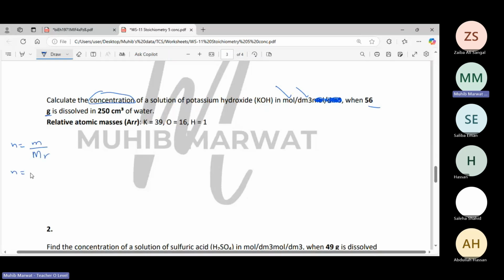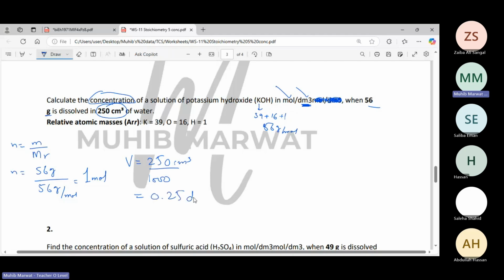Mass is 56 grams, and molar mass of KOH: K is 39, oxygen is 16, and hydrogen is 1, so that is 56 grams per mole. So 56 divided by 56 is equal to 1 mole. Clear? And volume is again given in cm cube, but they are demanding volume in dm cube, right? So we will convert volume from cm cube to dm cube, and the answer will be 0.25 dm cube.